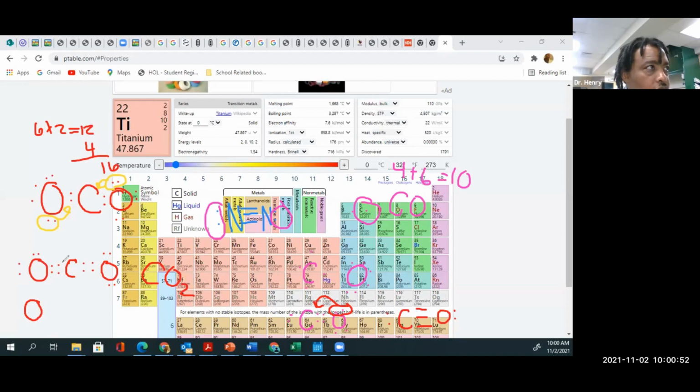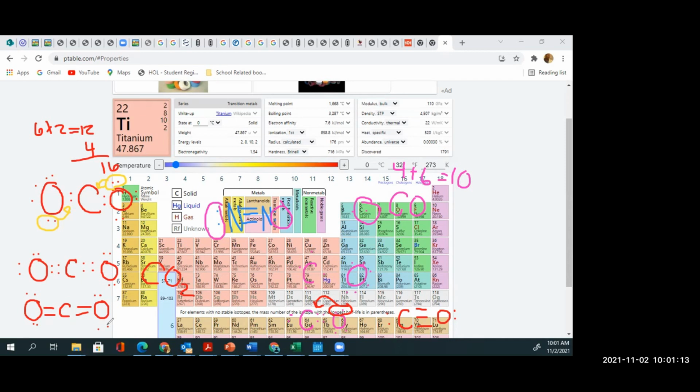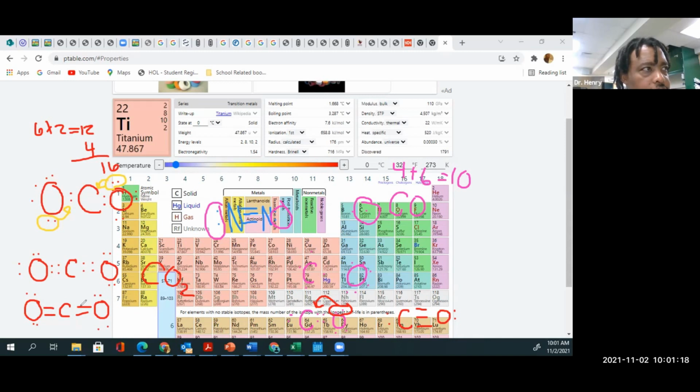Okay, so then that gives me 8 around that carbon. Do we have 8 around each oxygen? Let me draw it like this. So like that. Okay, so that's 2, 4, 6, 8, 10, 12, 14, 16. So that checks out.